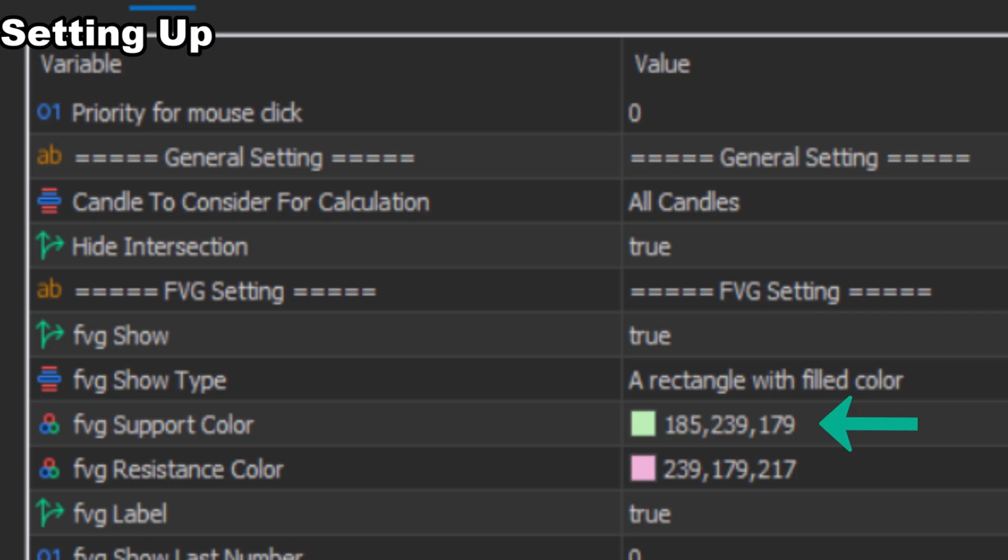Next, you can customize support level colors, choosing any color you prefer. The following input is similar but applies to resistance levels.